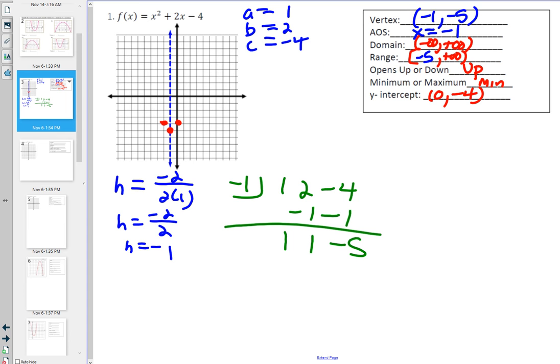So what would be a good point to find? Let's go 2 away from the axis of symmetry. So kind of like we did on the last one, it's going to be 2 squared, which is 4, times a, which is 1, so 4. So this is opening up. That tells me if I go 2 away from the axis of symmetry from the vertex, I will go up 4.